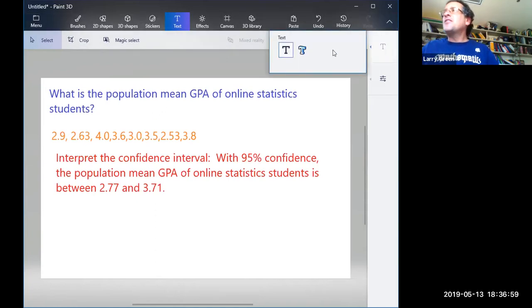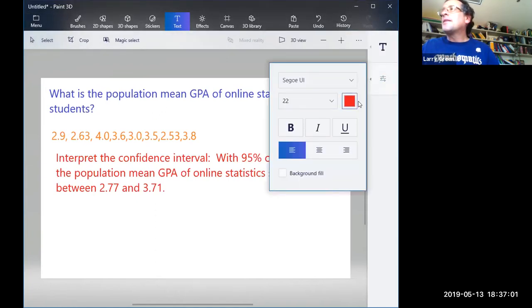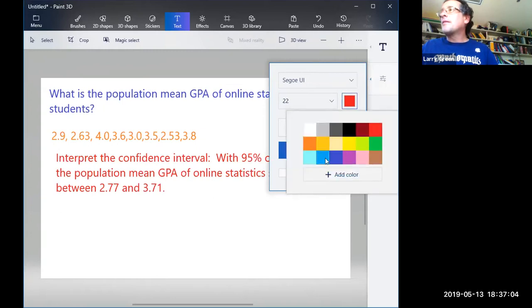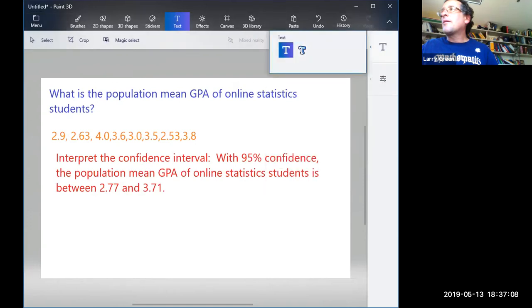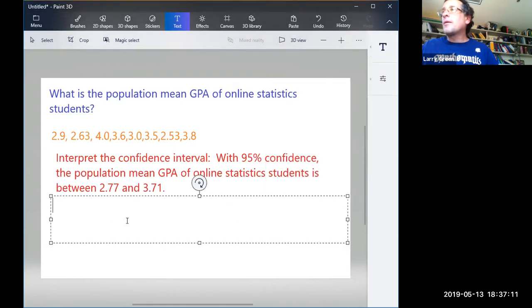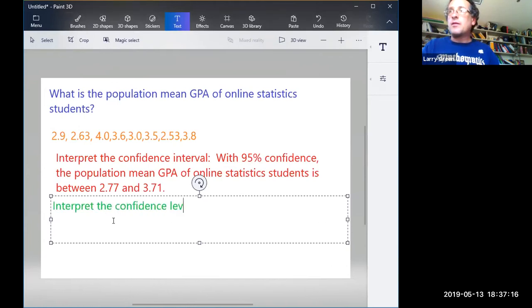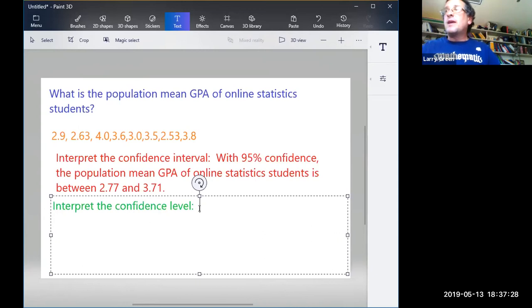All right, let's interpret the confidence level. To interpret the confidence level, that is what the 95% means. It's kind of like a chance of being wrong, but the way you can say it is kind of long.